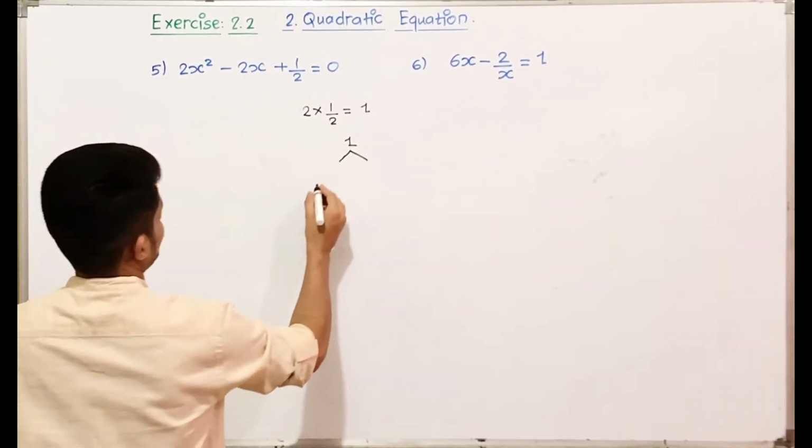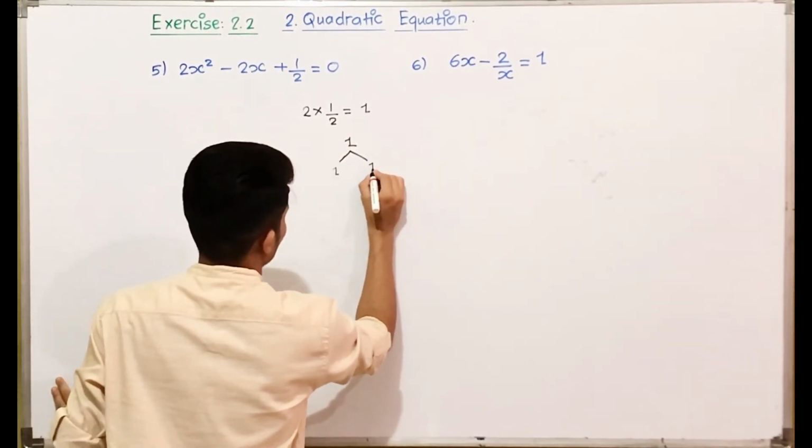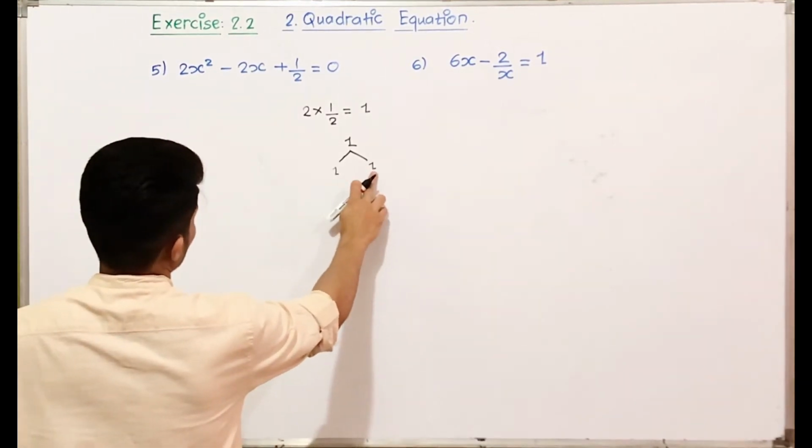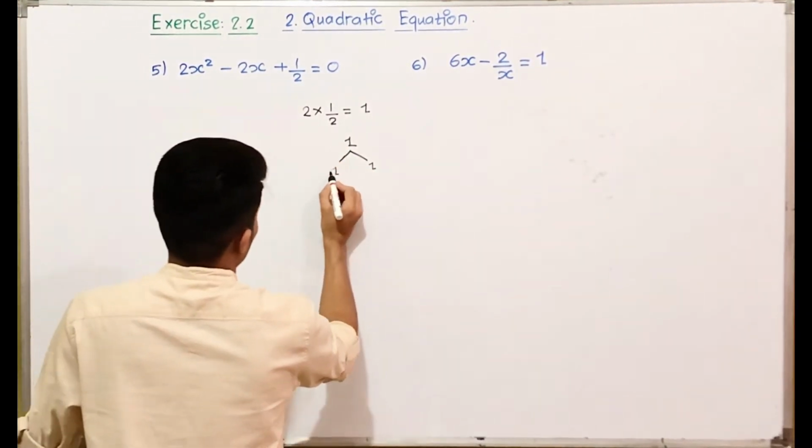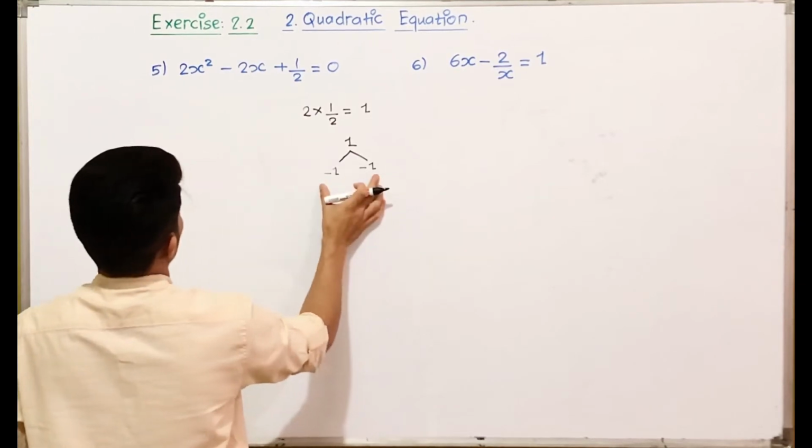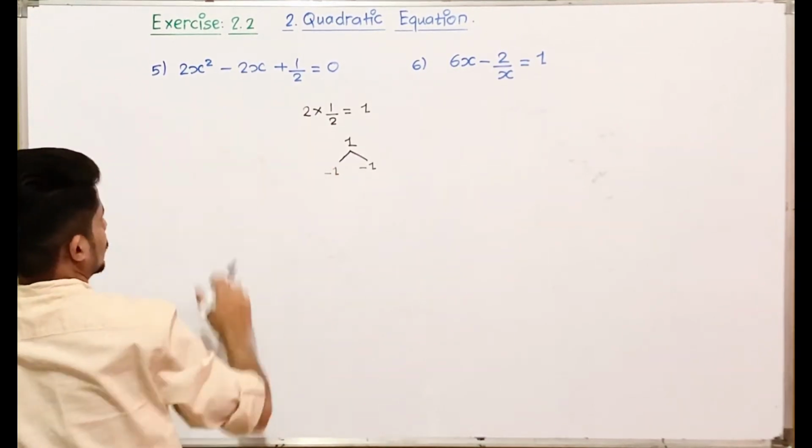So the numbers will be 1, 1. 1 into 1 is 1 and 1 plus 1 is minus 2.